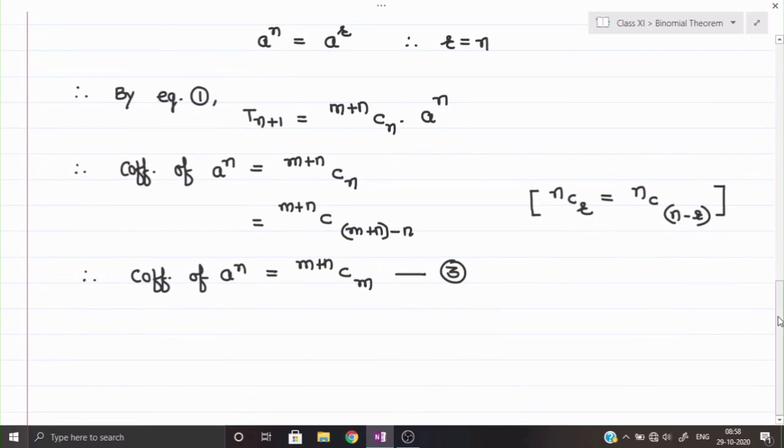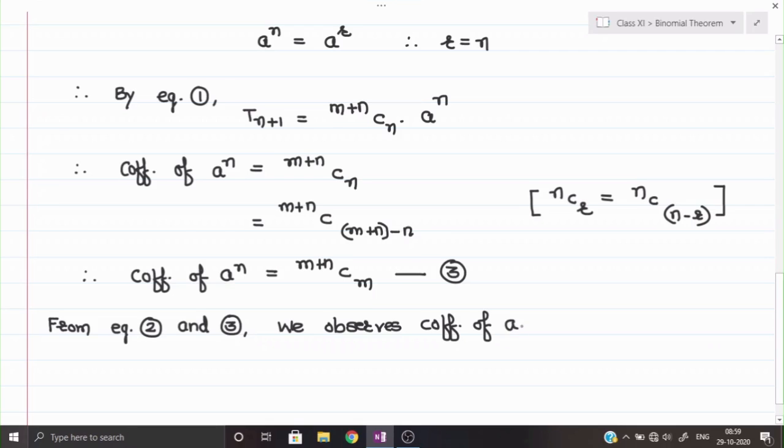So we can write down at last from equation second and third we observe coefficient of a to the power m and a to the power n are same, or you can write down equal.